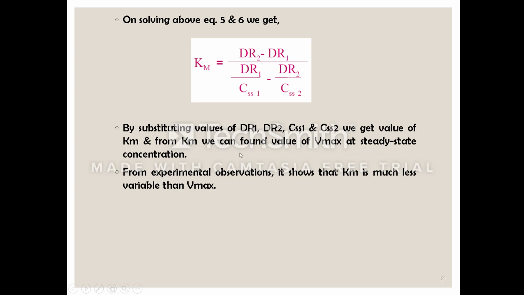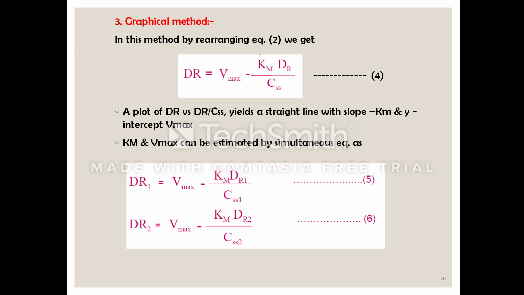From this equation you will get the values of DR1, DR2, Css1 and Css2. Just substitute the data here, and you will get the value of Km, and from Km you can easily find Vmax at steady state concentration. Just substitute the value of Km in any one equation and you will get the value of Vmax also.